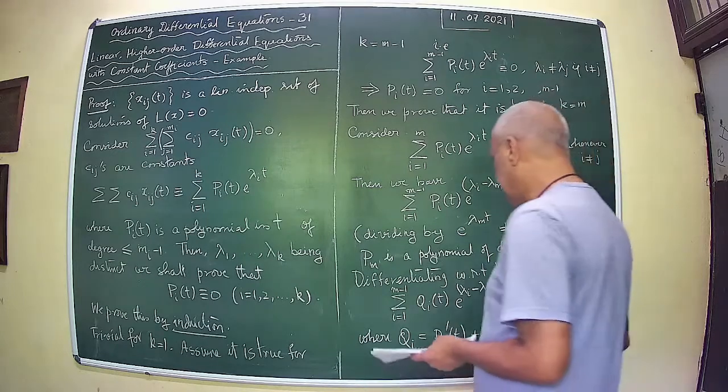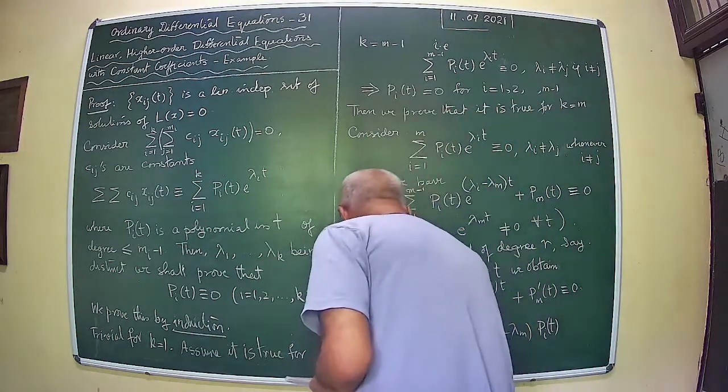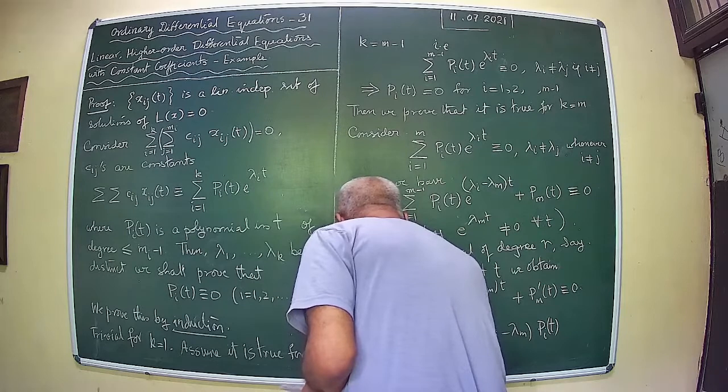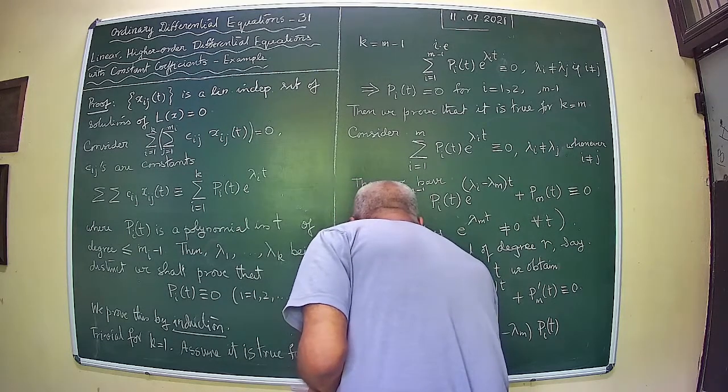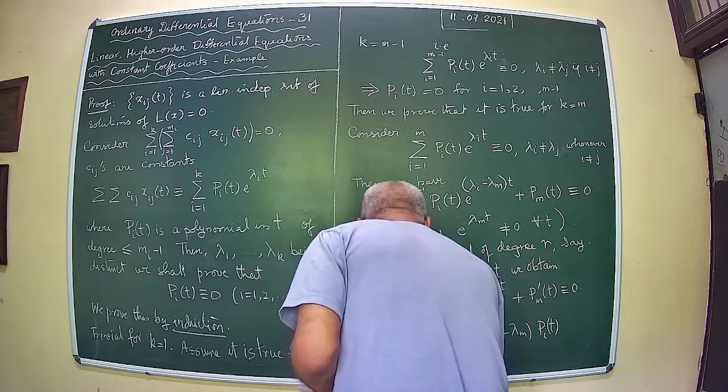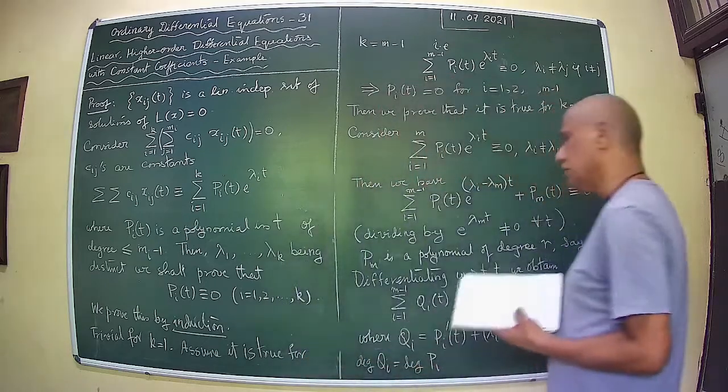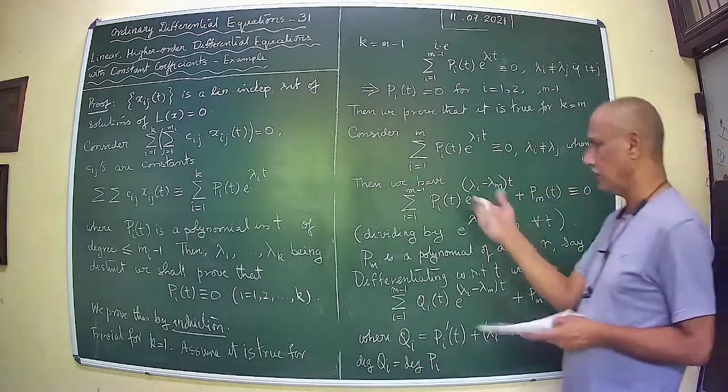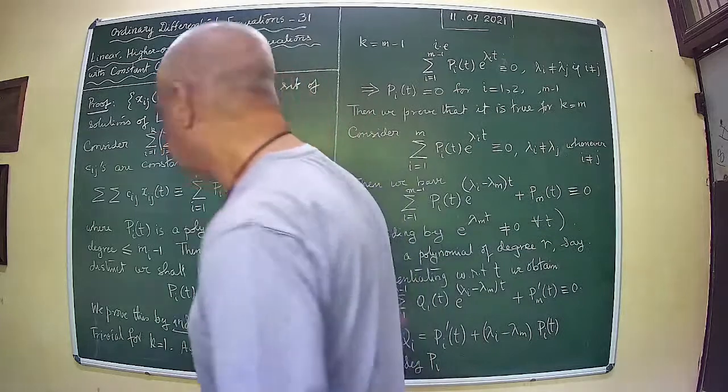Therefore you see that the degree of qi is the same as pi, so the degree does not change of this polynomial, right?